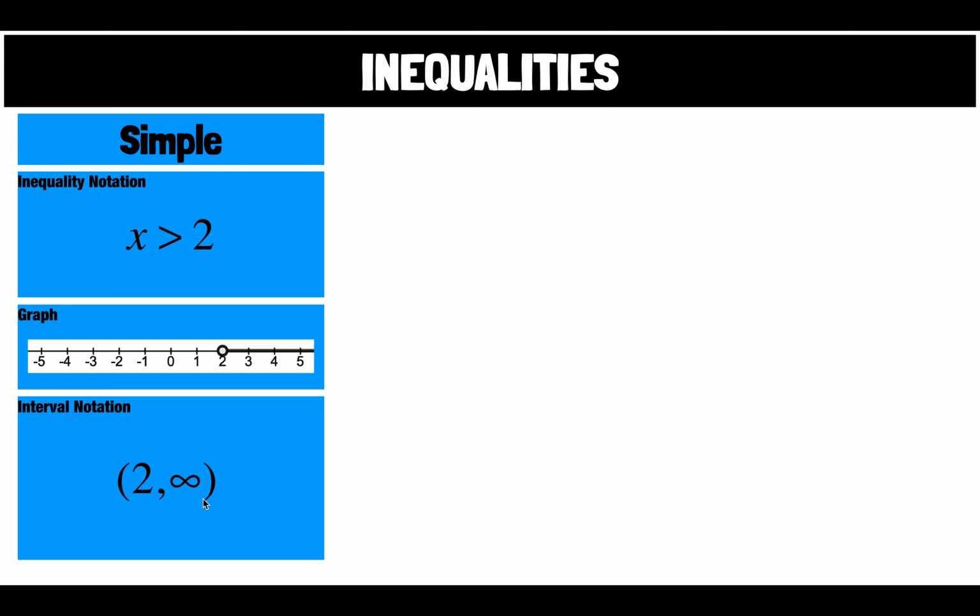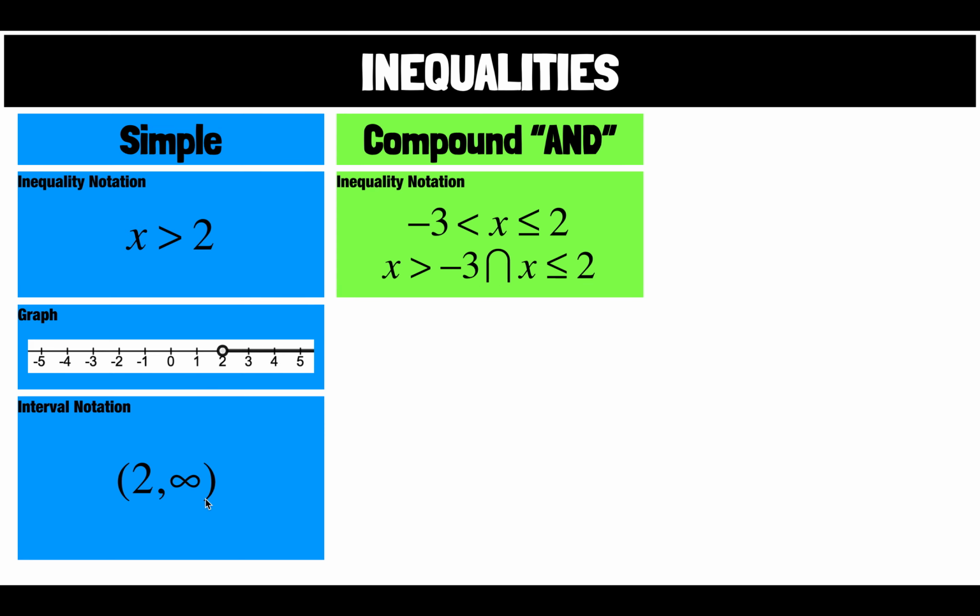Now, we're going to start to learn some new inequalities, and the first one is called a compound and inequality. A compound and inequality is when you have a variable in between one number and another number, like this. You'll notice here that we have a number, x, and it is greater than -3 and also less than or equal to 2.